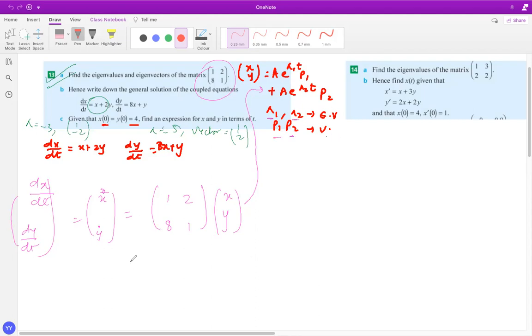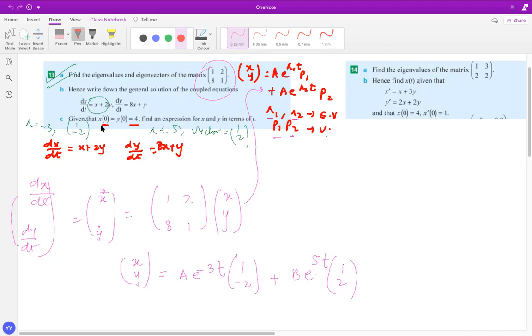So the general solution is x, y equals a times e to the power negative 3t times 1, negative 2, plus b times e to the power 5t times the second vector, 1, 2. This is the general solution of this coupled differential equation.